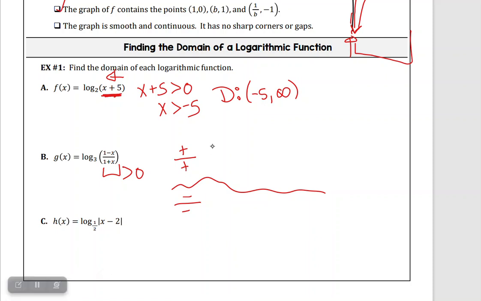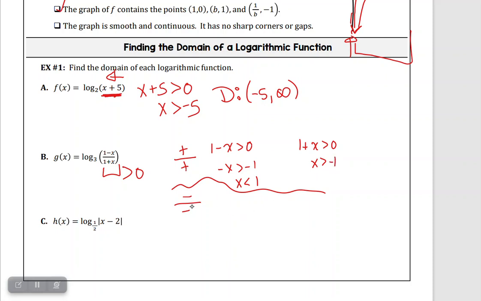So if they're both positive, then we have to set the numerator greater than 0. And then we also have to set the denominator greater than 0. So what we get is -x is greater than -1, x is less than 1. Or over here, we get x is greater than -1.